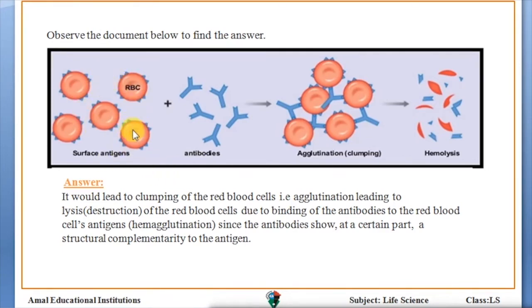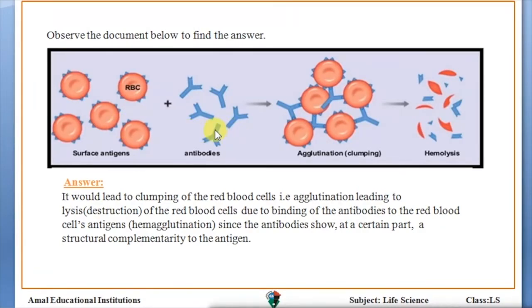The red blood cells have antigen A on their membrane. These are the anti-A antibodies. The antigen binding site is complementary to the antigen A on the red blood cell.